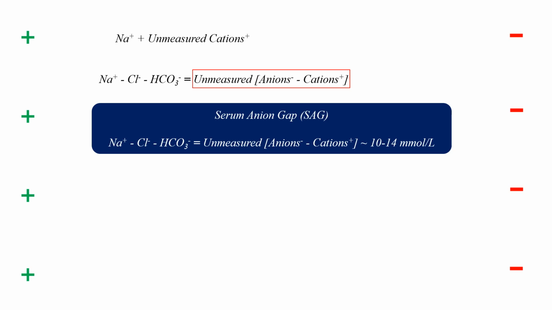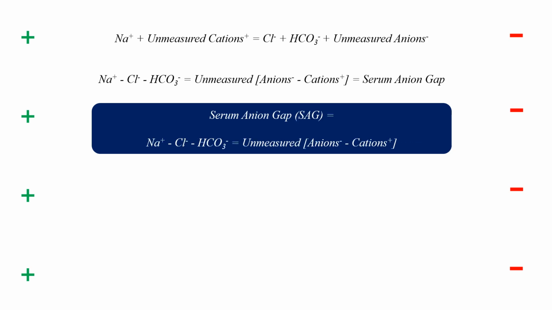A normal anion gap ranges between 10 and 14 millimoles per liter. When a new acid that enters our body, denoted here as HA, the acid can dissociate into a proton H+ and an anion A-.